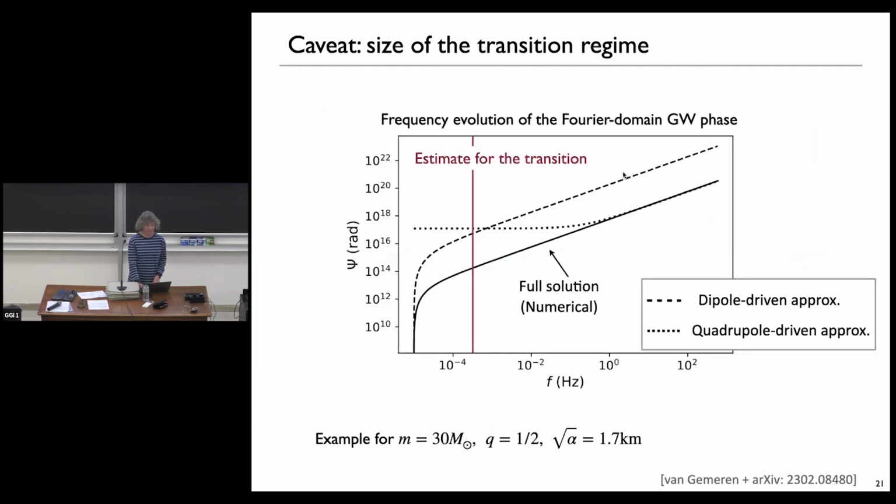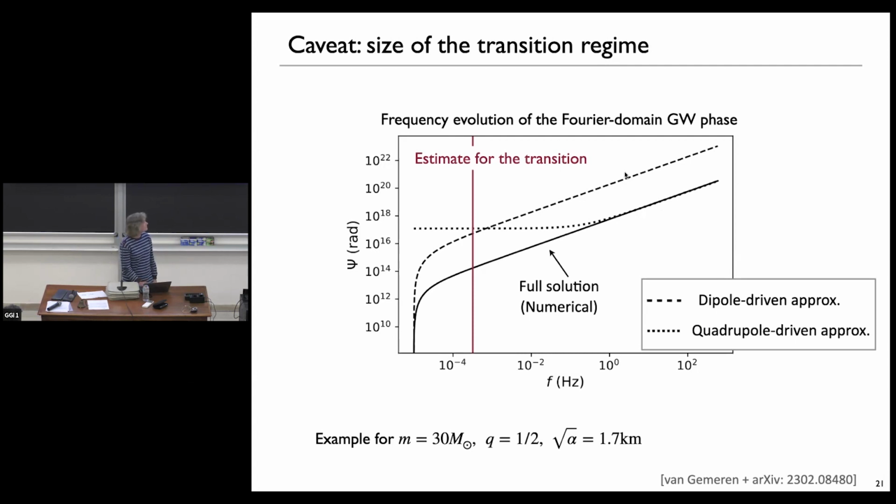Now, of course, we don't expect this transition to be exactly sharp, where the phase transitions from the scalar-driven to the tensor-driven evolution. So we also tried to estimate numerically how big this transition regime is. And actually, it turns out it's quite a lot bigger than one might expect.